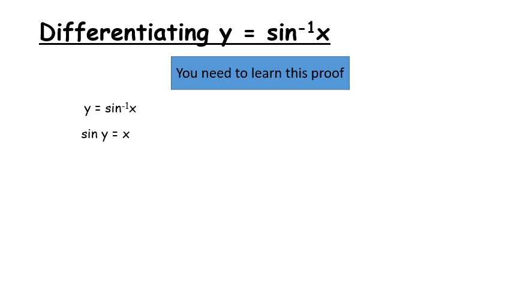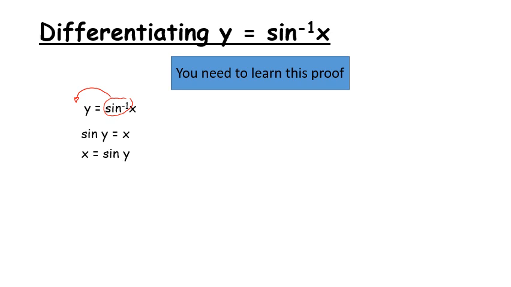The sine and the inverse sine will cancel each other out. Or, if you want to simplify that, you could just think that I have taken this inverse sine over to the other side and made it a normal sine. So I've got sine of y equals x, and then I tend to just flip that around and write it as x equals sine of y.